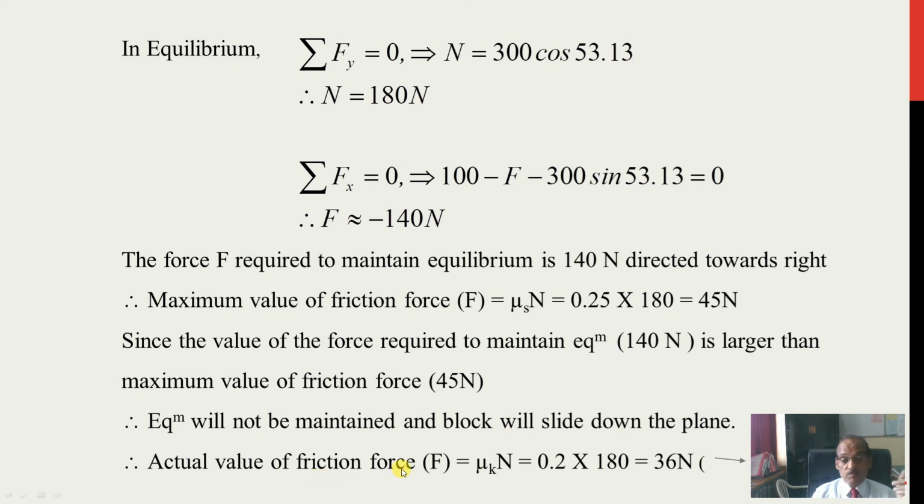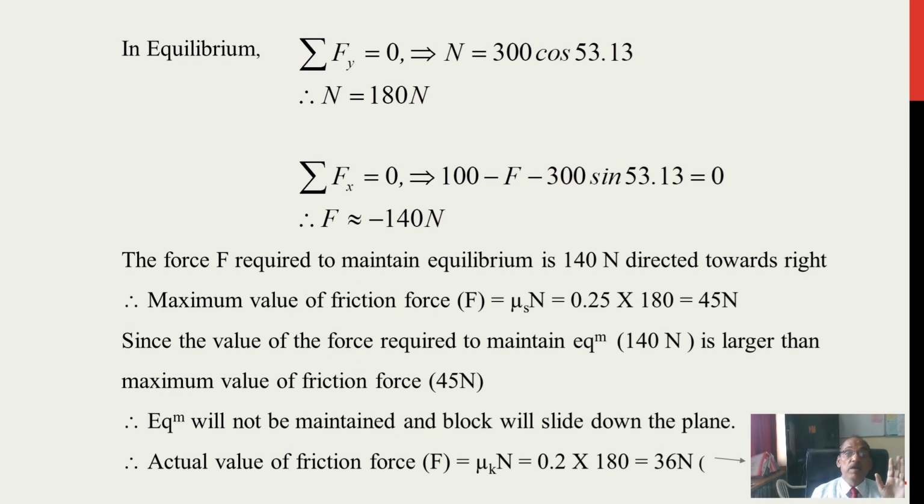Actual value of frictional force when it moves down is mu k into N, 0.2 into 180. When the block moves down, this is the only frictional force generated, that is 36 Newton, whereas the required value of frictional force is 140 Newton.